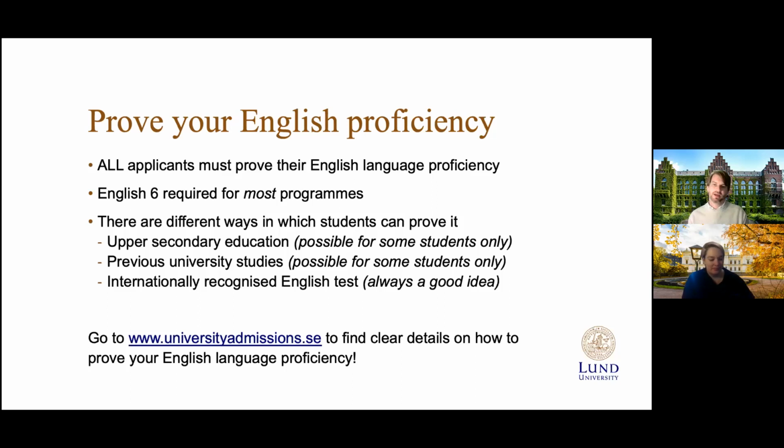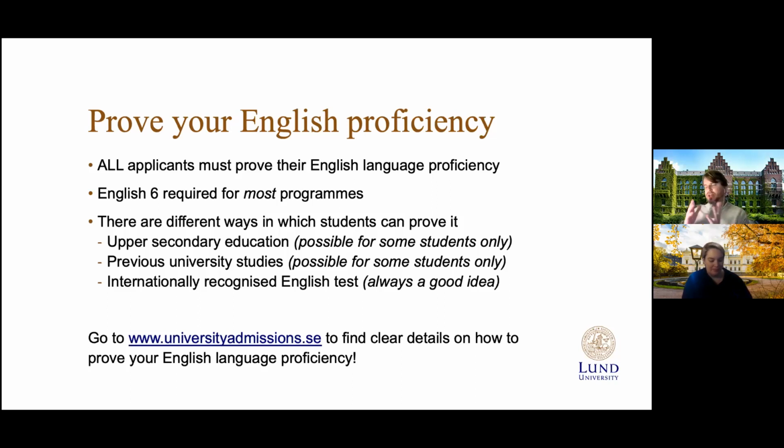However, you can also prove your English language proficiency through previous university studies. If you have studied in English full-time for 1 year, or the equivalent of 60 ECTS credits, that in most cases should prove your English language proficiency.